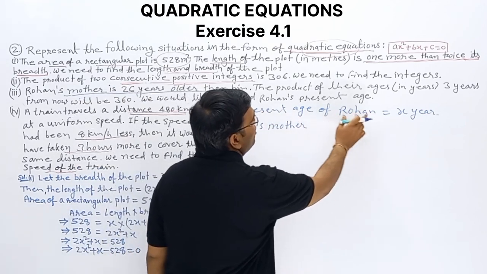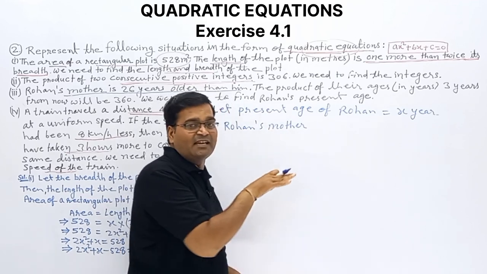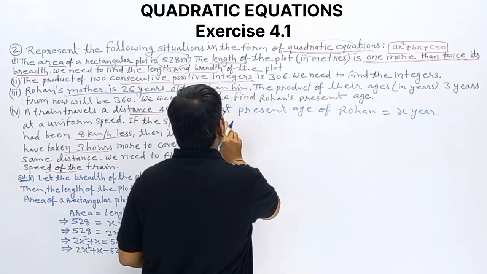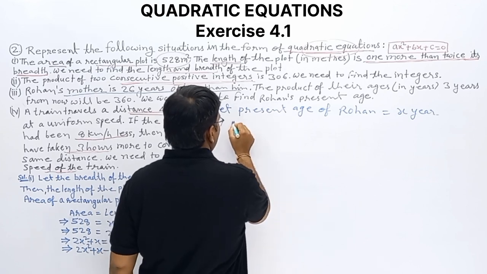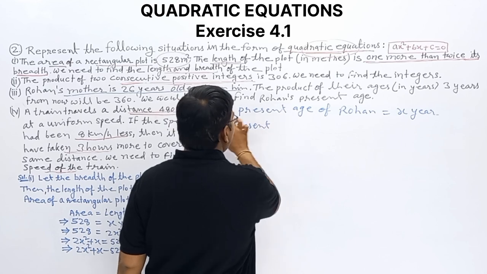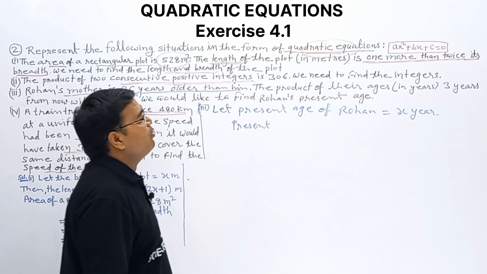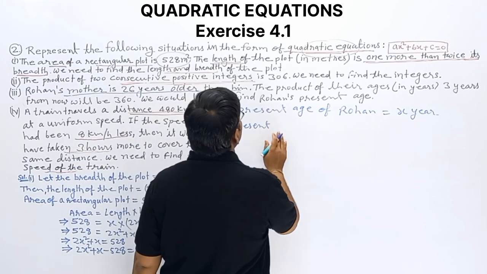Let the present age of Rohan be x years. So Rohan's present age is x years.